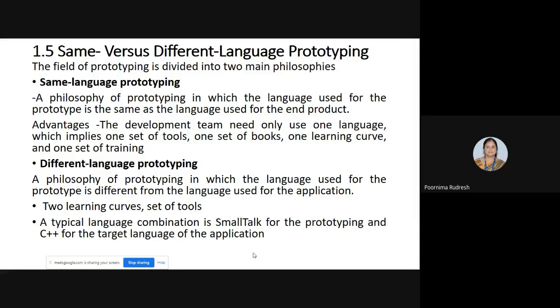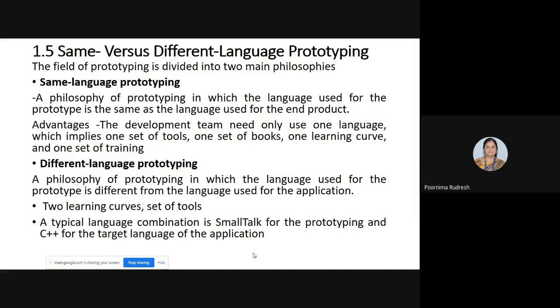One best example for different language prototyping is a typical language combination: Smalltalk for the prototyping and C++ for the target language of the application. So here one language will be used by the design team and the other language by the development team. Or if you consider, the C programming language will be used by the design team and C++ will be used by the development team.